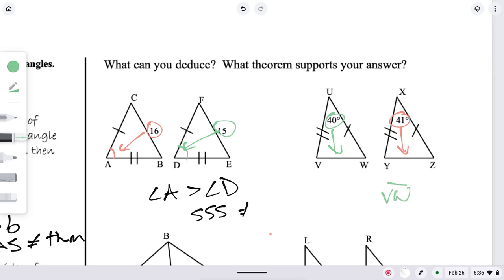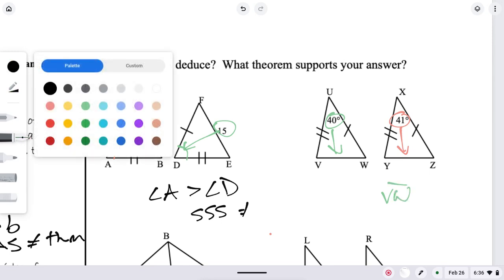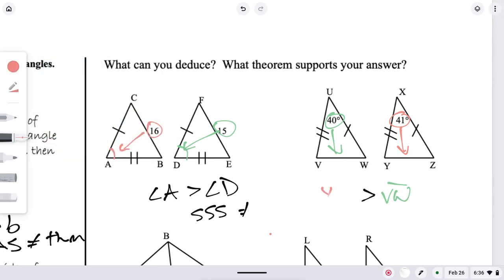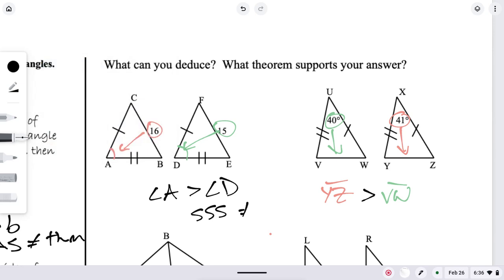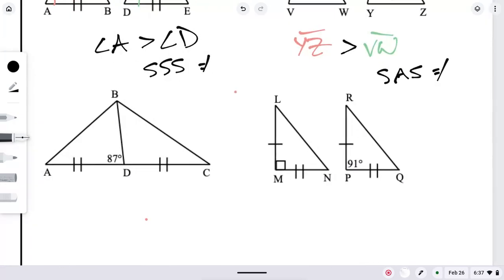Side VW is going to be smaller than YZ. Since I had a side angle side going on, but one of my angles is a little bit bigger than the other, I can conclude this, and this is a side angle side inequality theorem situation.